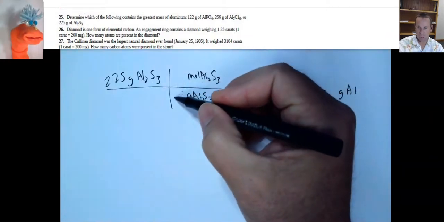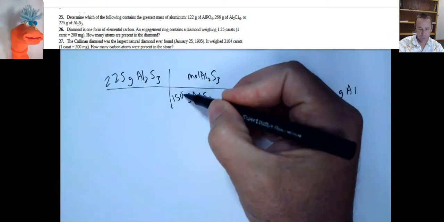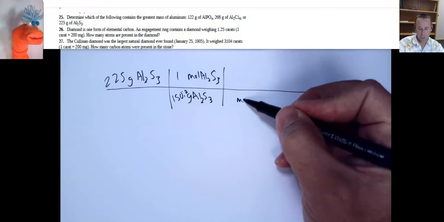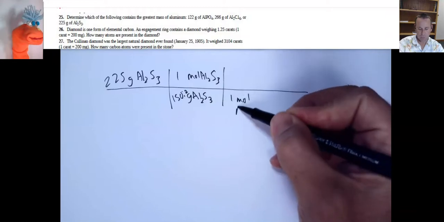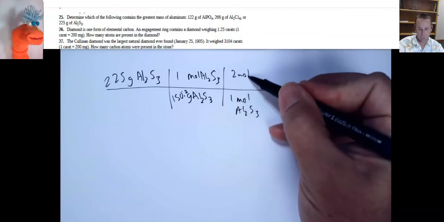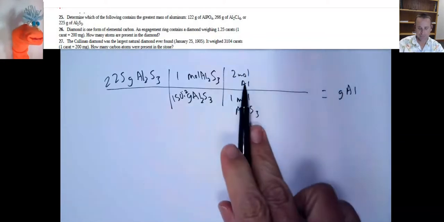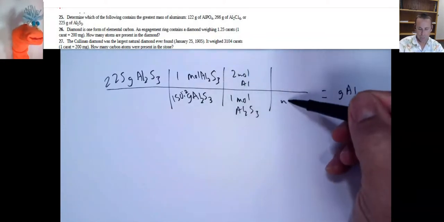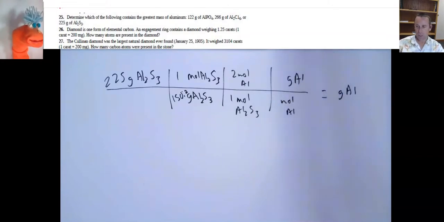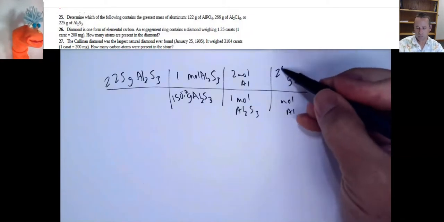All right, so 150.2 grams for every 1 mole of aluminum sulfide, and then a mole of aluminum sulfide has 2 moles of aluminum. And then I can go from moles of aluminum to grams of aluminum, and that is the 26.98 again.